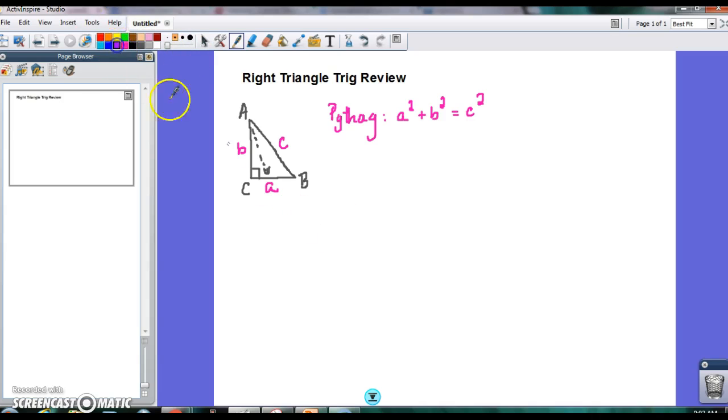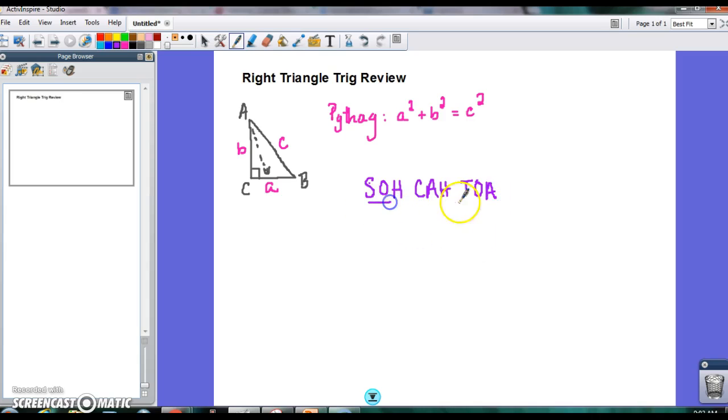Right triangle trig, in very basic terms, is a representation of the ratios of the sides in reference to an angle. That probably sounds like a mouthful, but we'll go through it. I'm sure you've seen SOHCAHTOA before, and you're probably like, oh yeah, I remember that.